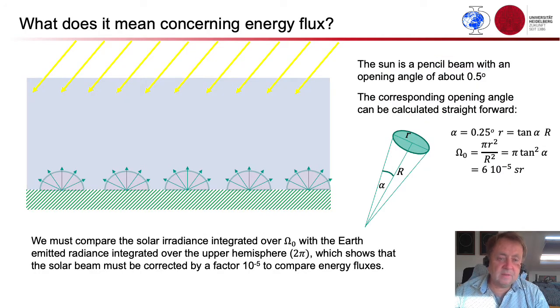And that is, simply said, because the sun is a pencil beam, but thermal infrared radiation is emitted isotropically in all directions, right? So when we are at the top of the atmosphere, we only get contributions in a very narrow angle range.